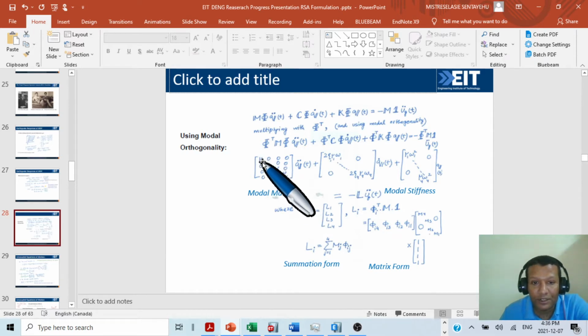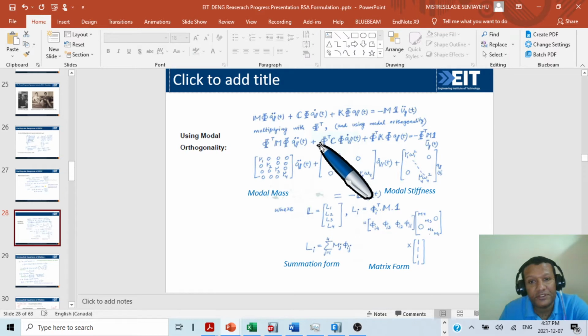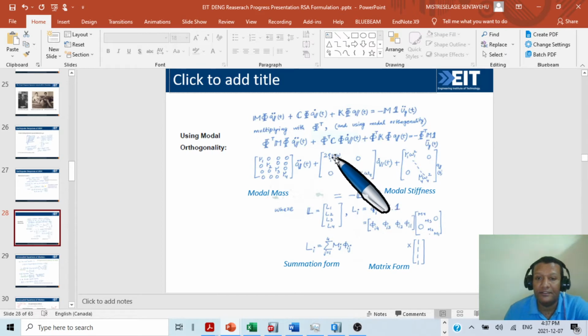As you can see, modal mass 1, 2, 3, 4. These are the modal masses. Again, the same thing is phi transpose times damping coefficient times phi times q dot(t). This will give us 2 xi times modal mass times omega. This is also for 4.